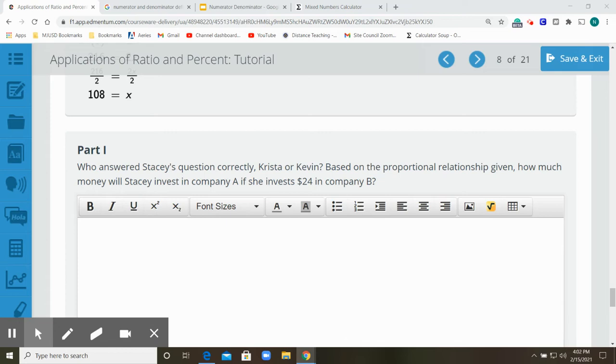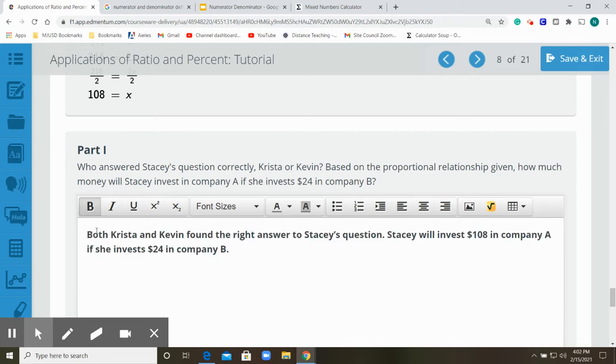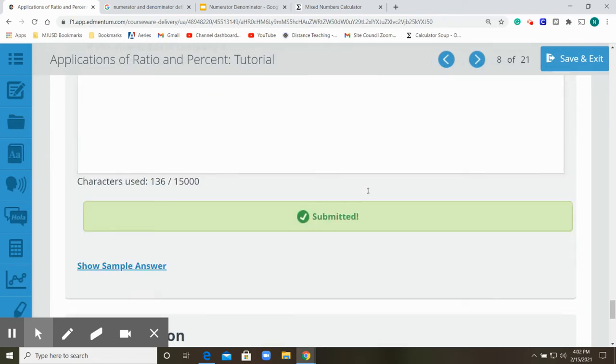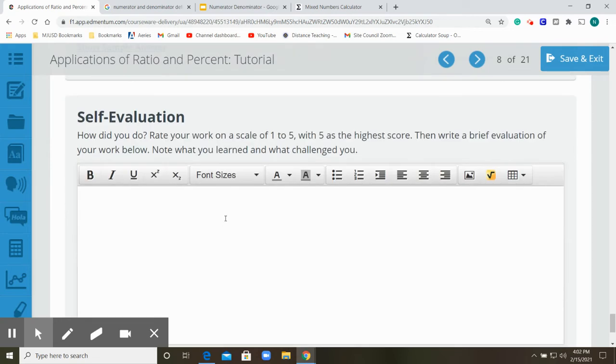Stacy will invest $108 in company A if she invests $24 in company B. You can check your sample answer. Self-evaluation, how did you do? Write a brief evaluation. What challenged you?